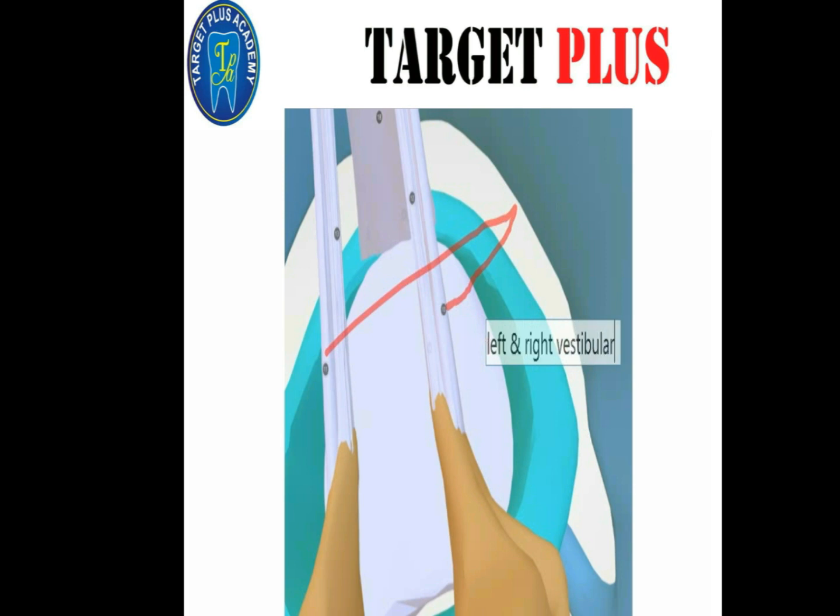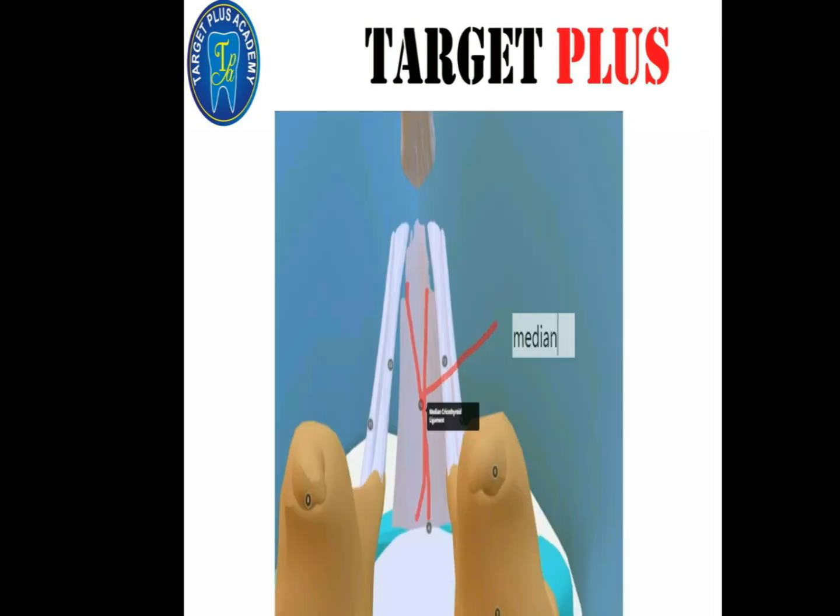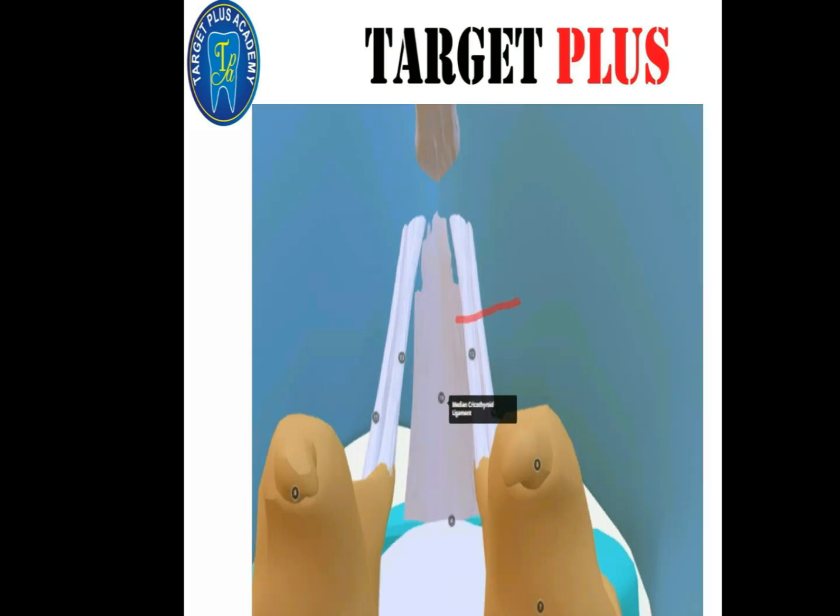Another you can see is the median thyroepiglottic ligament, present on the inner aspect. The other is the thyroepiglottic muscle, present on both sides.